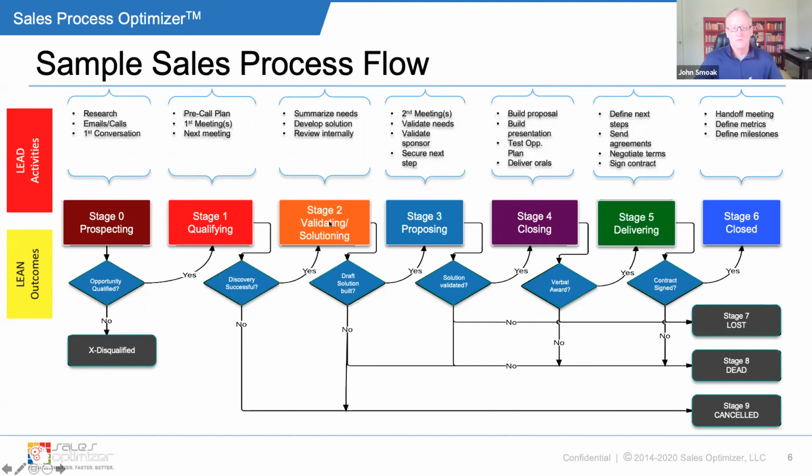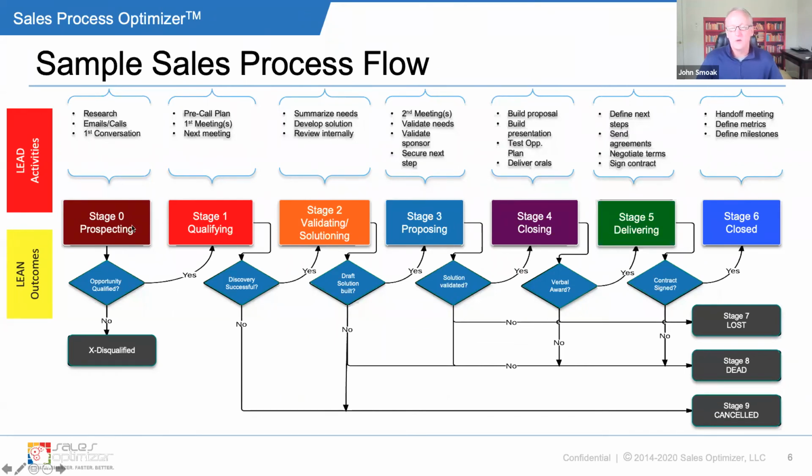For some of my clients, demos are a key component of their sales process, and to signify that a demo has been completed, they have a stage named demo. What we recommend is that things like demo, proposed, discovery meeting are really outcomes within a stage.